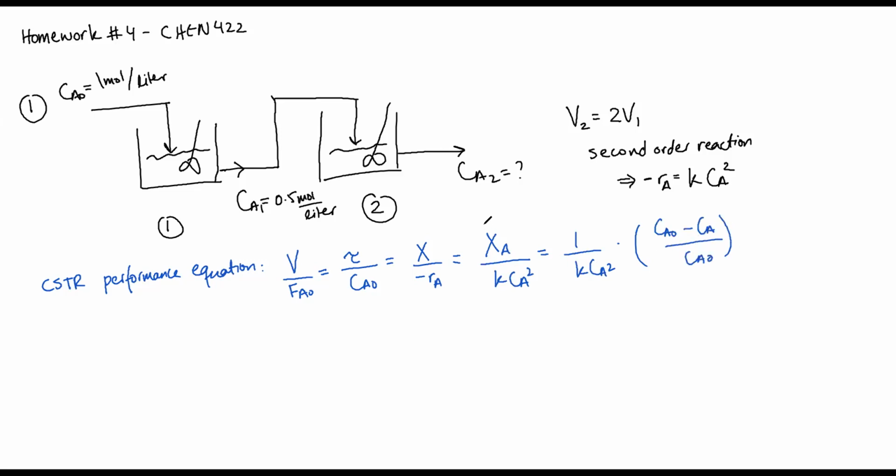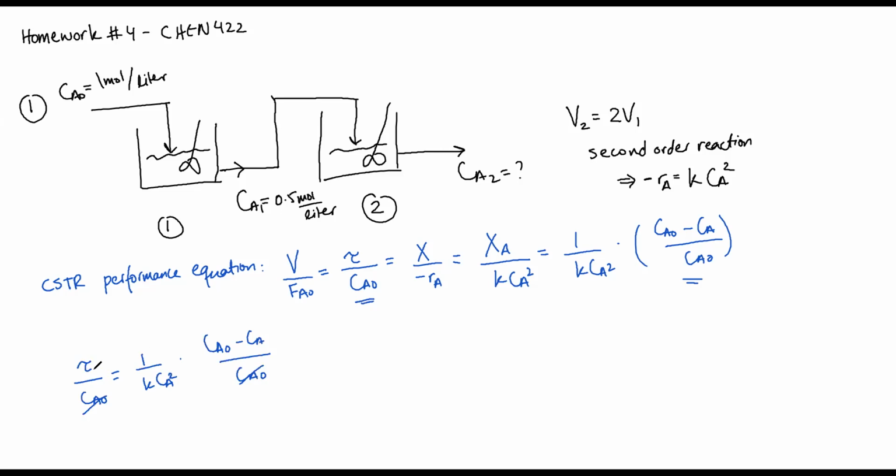And the logic here is, because I'm given everything in concentrations, I'm just going to rewrite my equation in terms of concentration for it to make sense. Okay, so now I'm going to use this term right here and this term right here. So let's rewrite our clean equation. Let's call it this way: tau over CA0 is equal to 1 over K CA squared multiplied by CA0 minus CA over CA0 squared. And this guy cancels with this guy.